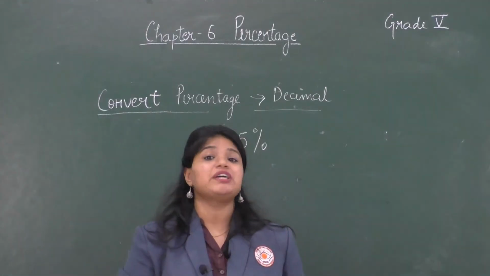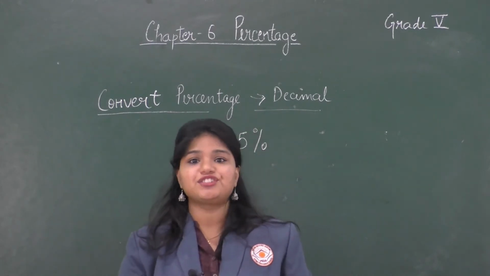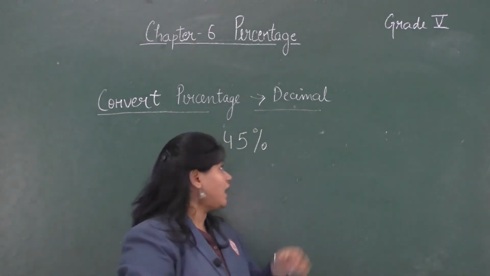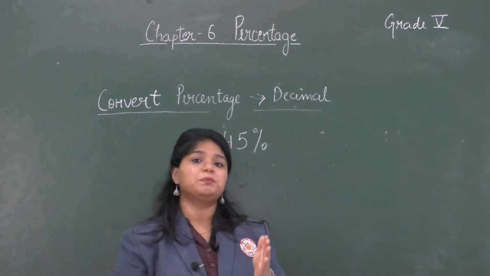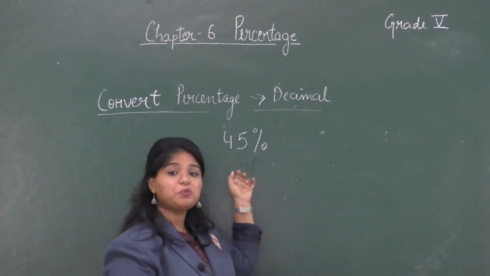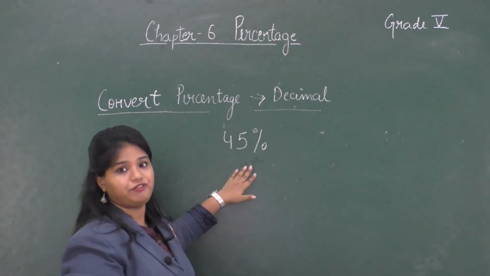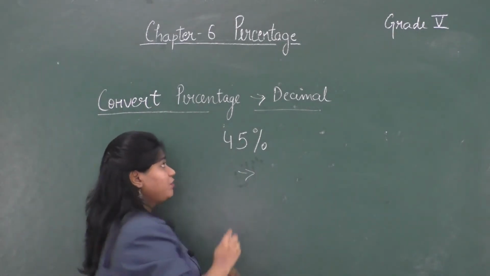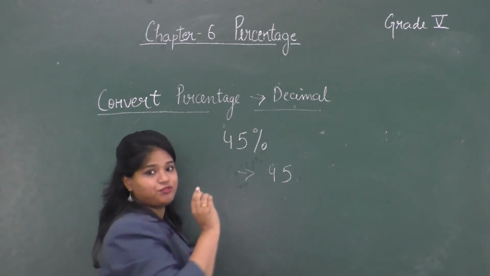Now let's learn the vice versa of the previous topic, that is how to convert a percentage into a decimal number. Here I have the percentage 45%. When we have to convert a percentage into a decimal, we just have to omit the percentage sign and divide the given number by 100. So now let's solve this. We have 45%, and we omit the percentage sign, so I have just written 45.